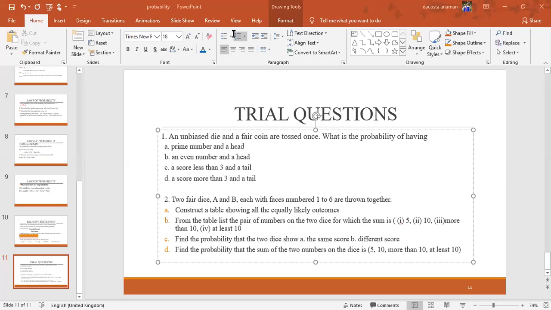Okay, let me share a new screen. The first one says that you should construct a table showing all the equally likely outcomes that can occur in this instance. You'll be having 1, 2, 3, 4, 5, and 6.